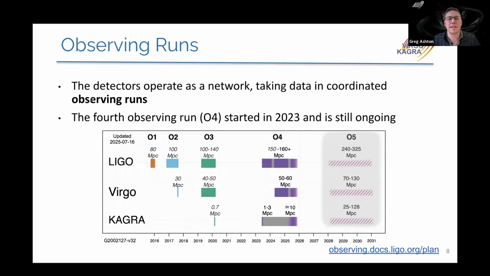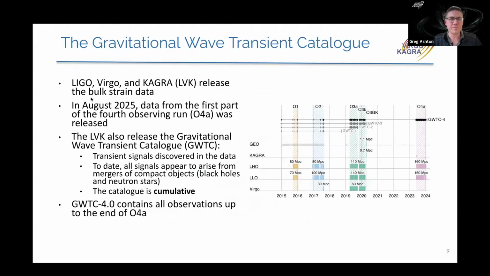And we're also taking longer sections of data. So currently we're at the end of 2025, and O4 is still ongoing. We've been taking data now since 2023. So this has been the longest observing run to date and the most sensitive, and has included many periods of 4 detector data as well.